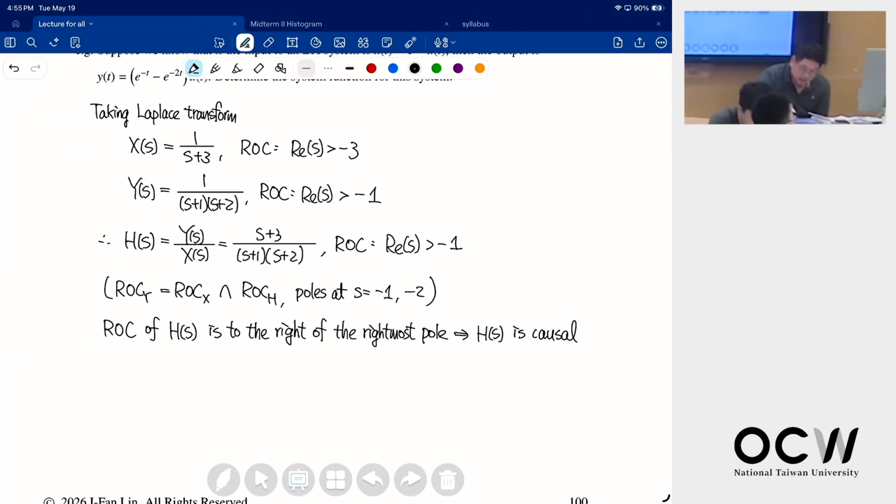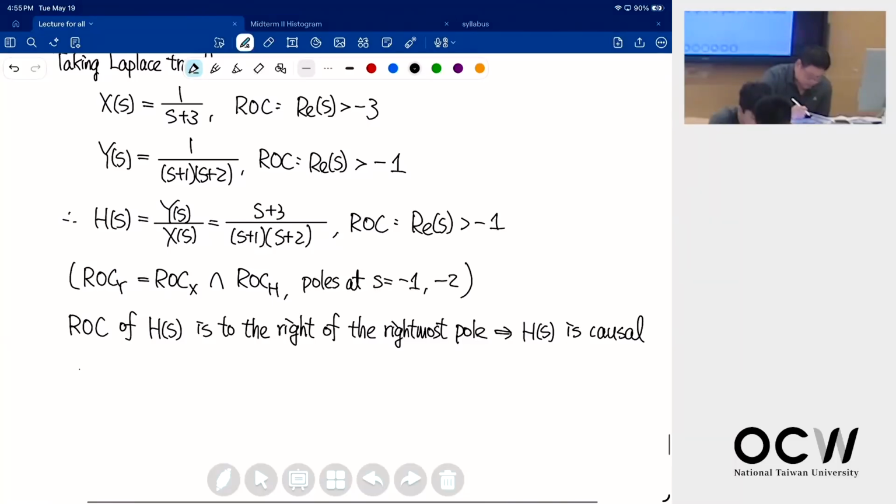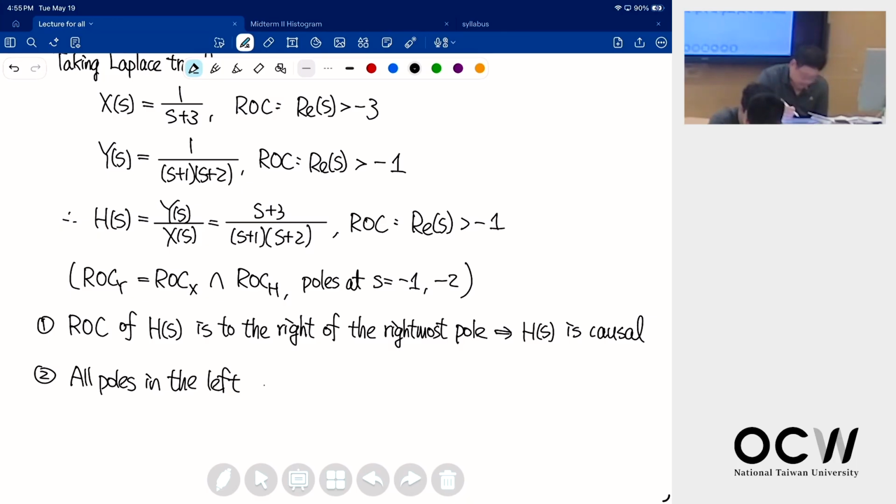And also the second one: all poles are in the left half plane, so the system is stable.